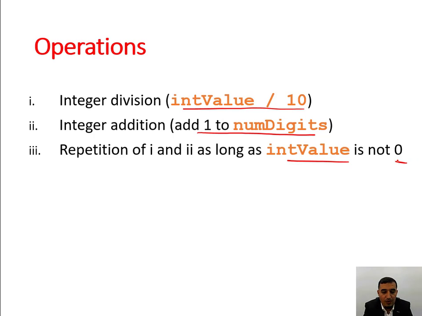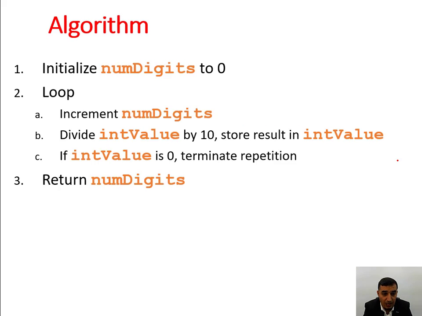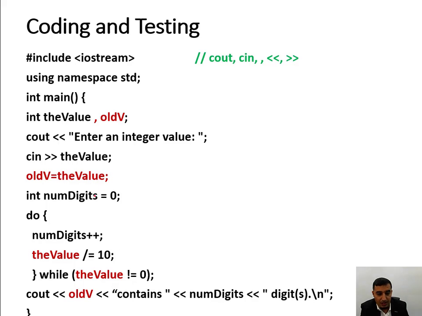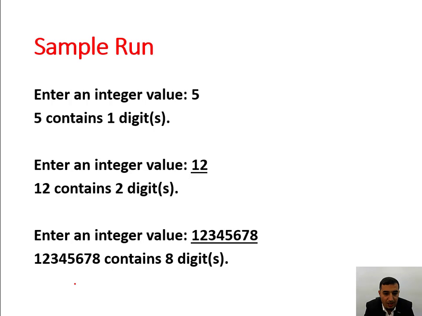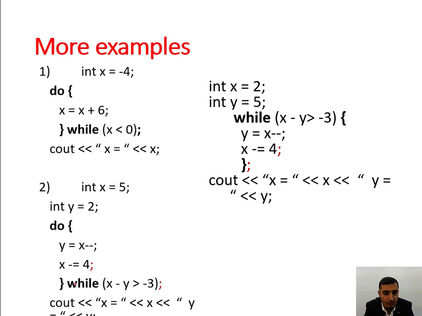For this, we are going to use the do loop, because at least we have one digit in any number. As you can see here, we increment the digits by 1 and divide by 10. Is the value not equal to 0? Yes. Then we do it once more, and we keep repeating as many times as we need. And this is a sample run for this program.